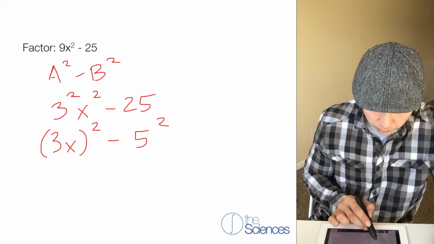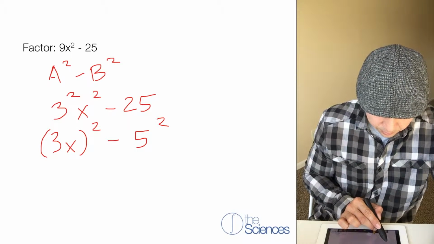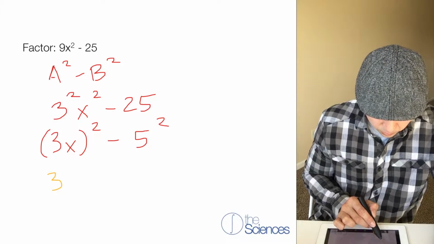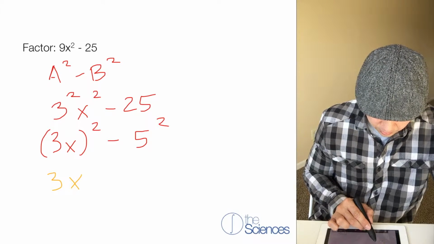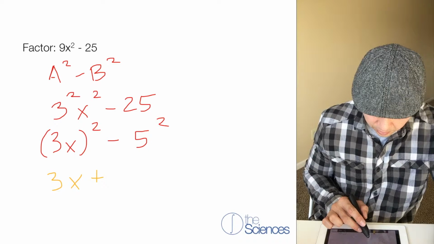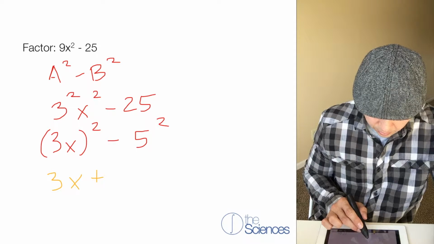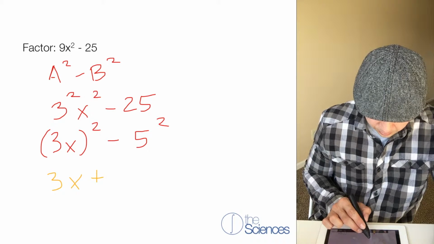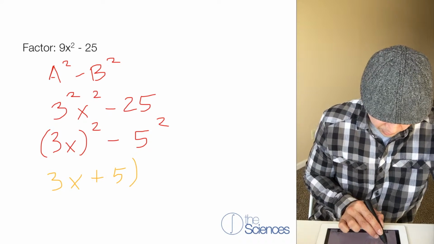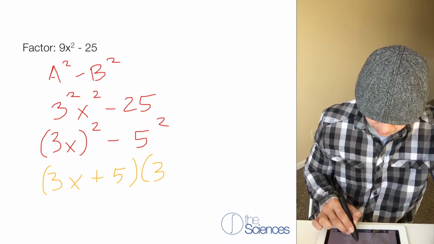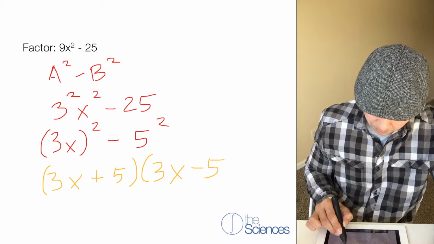So now we can rewrite this as 3x plus 5 and 3x minus 5.